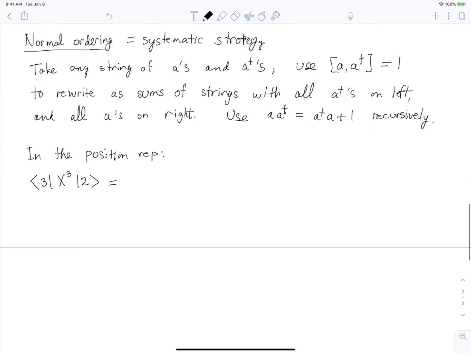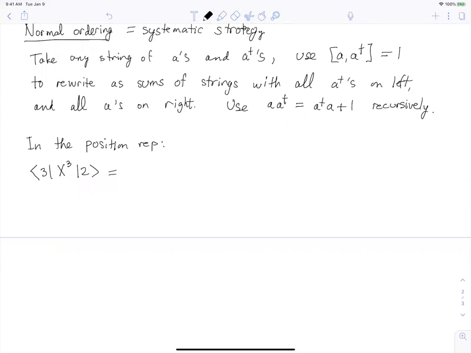Okay, so basically now in the position representation, we're integrating over all X. We put in a complete set of states in X. That turns everything into wave functions in X. And so there's the wave function for the 3 state, which is (m omega over pi h bar) times 2 to the 6th power, 3 factorial squared, all to the 1/4 power.